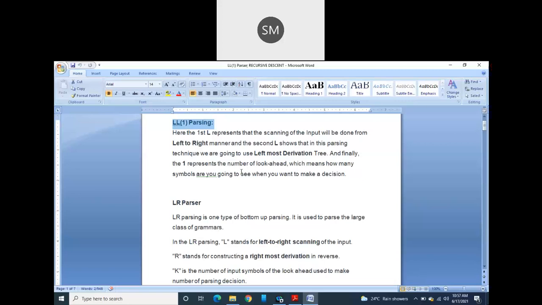Top down parsing means you will start constructing your tree from the root node and you will end with a leaf node. Root node to leaf node, that is top to bottom. So if you are constructing your tree in that way, then this LL parsing is very helpful. It means that there you should keep on scanning the input from left to right, and the derivation you should perform is the leftmost derivation.